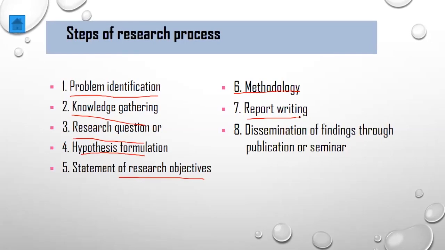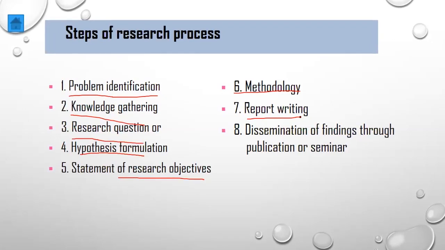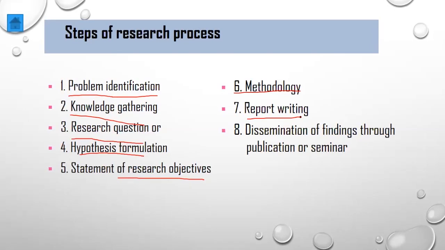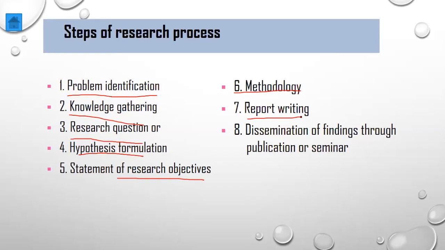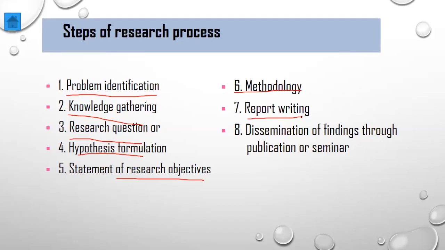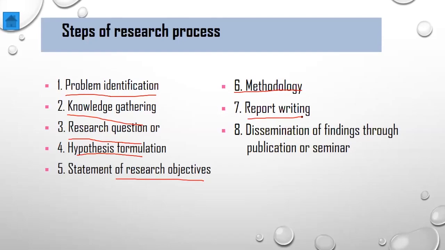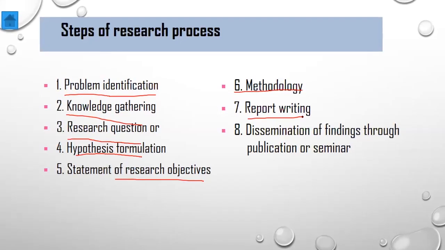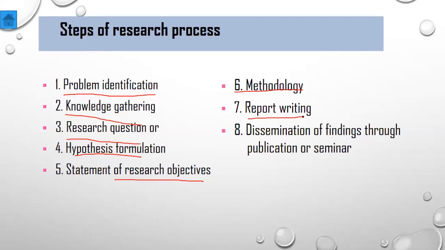Sometimes it is produced in a short form, a scientific paper presented in a journal as an abstract. Sometimes it is prepared as a paper presentation in a seminar, and sometimes in a much larger form as a thesis and dissertation for the examination.